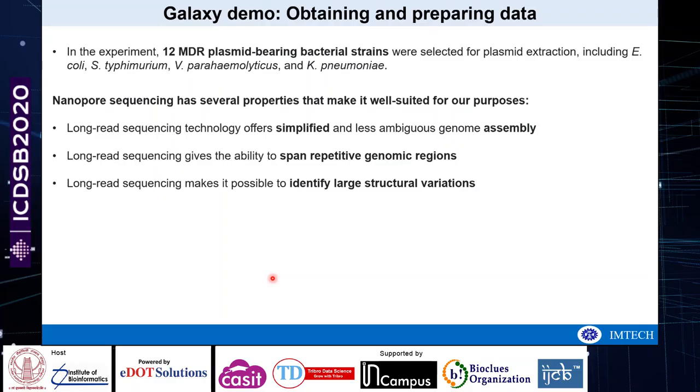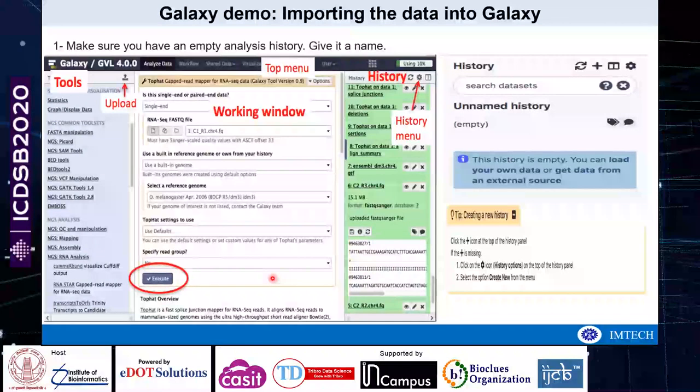the large structural variations. So first, while performing any analysis in Galaxy, we need to have an empty history. Your history should be empty, because after completion of all these tasks, we can make a workflow of what you have performed in Galaxy.